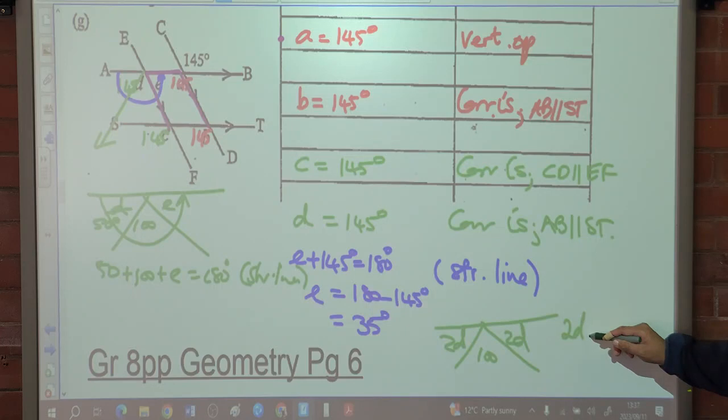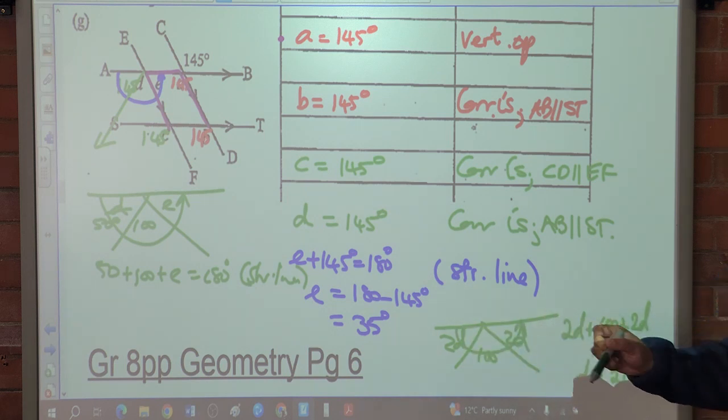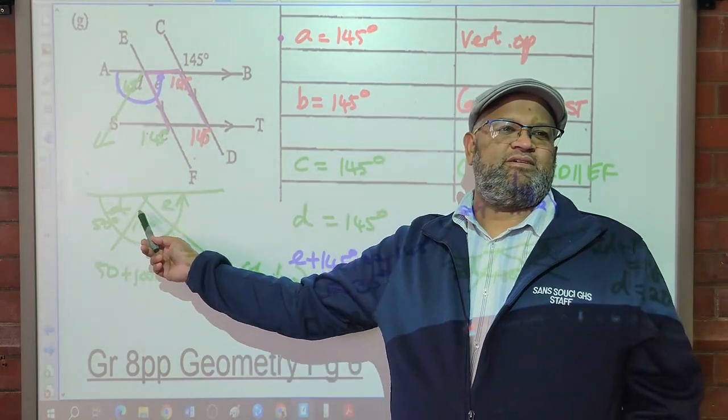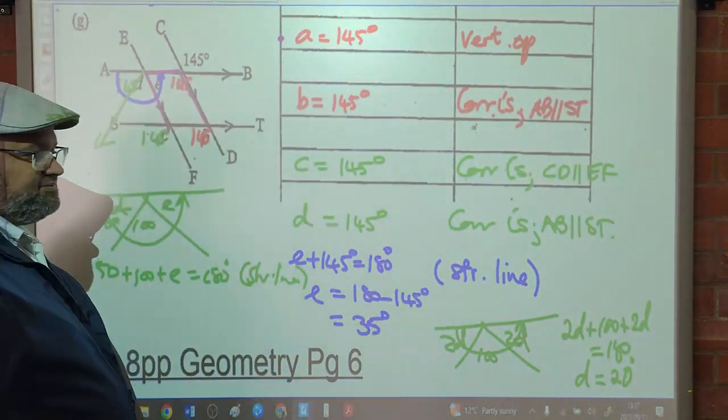Because 2D plus 100 plus 2D is equal to 180. Why? Straight line. Now I can solve for these. 4D is 180 minus 100, which is 80. So D would have been 20. Can you see that? Because here it was one unknown, which is D. Whereas here we couldn't have used it because it's a D and an E. You understand?